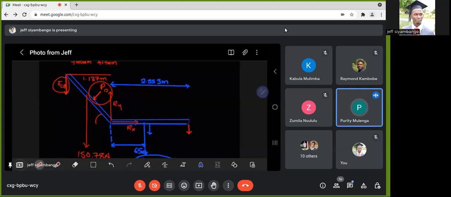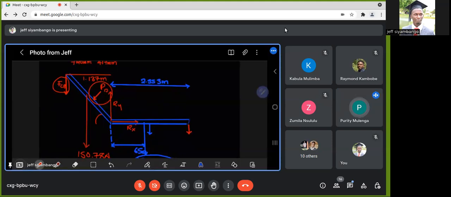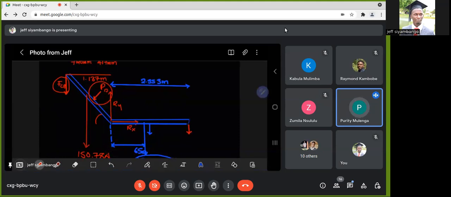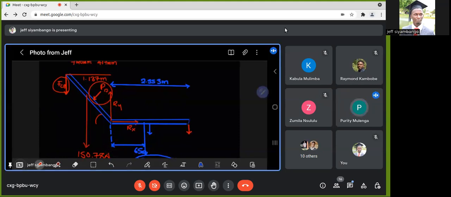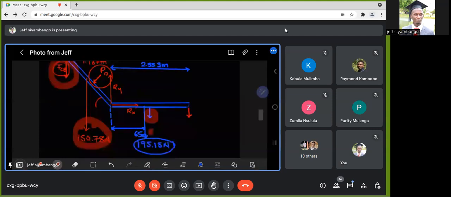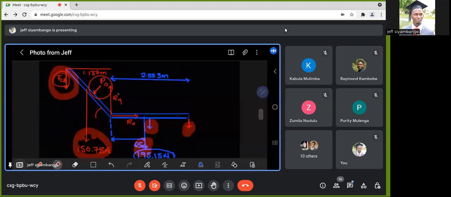Yeah, if you tried to sum the forces, you would actually have a problem, because this will be in the y, this will be in the y, this will be in the y, this will also be in the y-axis, and our y here will also be in the y.